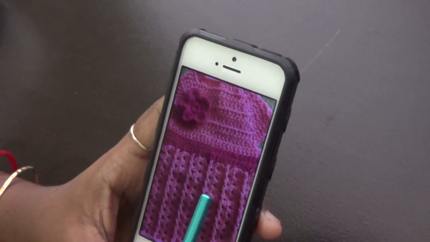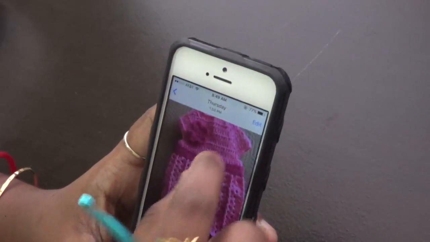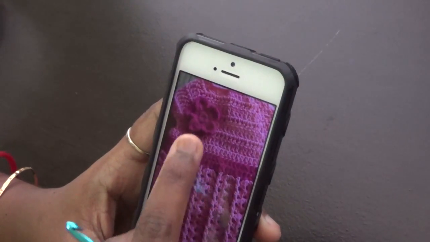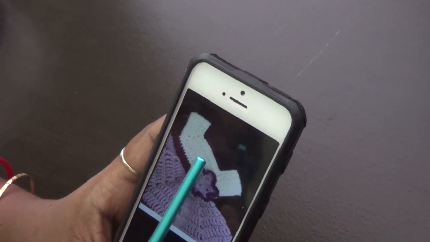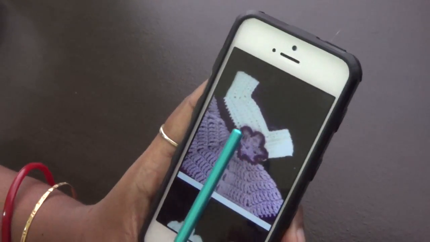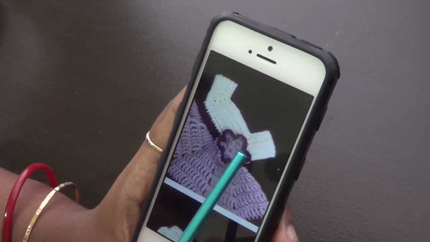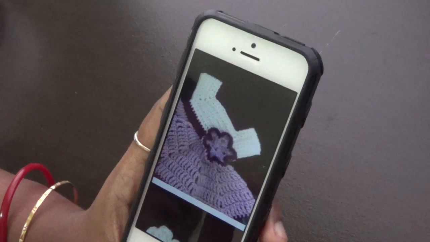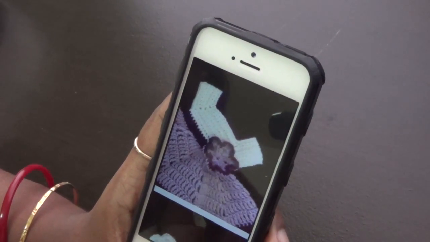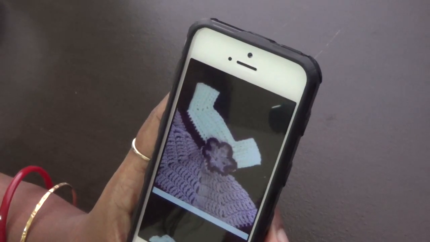It depends on what stitch you are using. See the difference. This is a cornered pattern, but I have used double crochet. This is also a cornered pattern, but I have used half double crochet. You see the difference, right? See how thin and thick this corner is, because I have used half double crochet, and those are of small rows, and hence the corner is more visible.